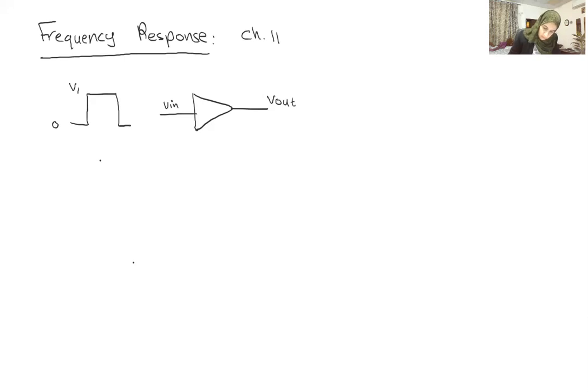If your V out follows the input quite nicely, let's say this V2, that's an amplified version of V1 by the certain gain of this amplifier A, and it looks like this, then this is a good or a fast amplifier.